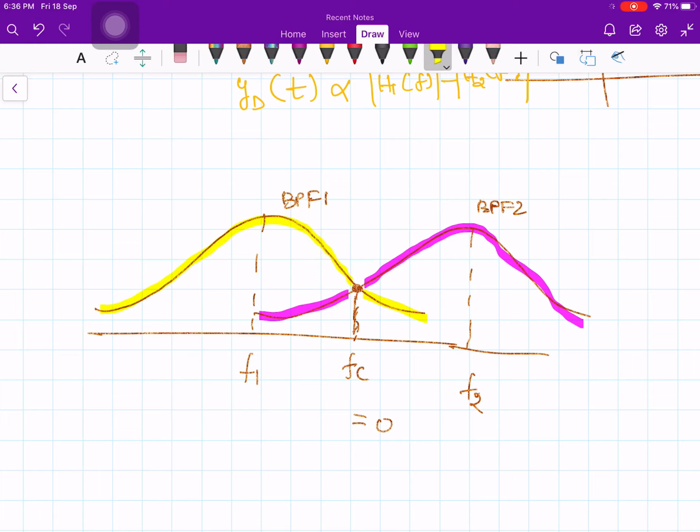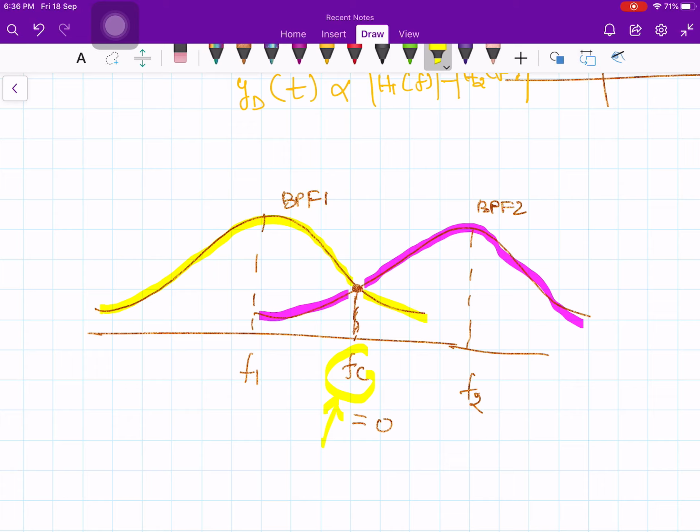The response is different for band pass filter 1 and band pass filter 2, but exactly at the carrier frequency both filters give the same response. So band pass filter 1 and band pass filter 2 will have identical response at the carrier frequency.